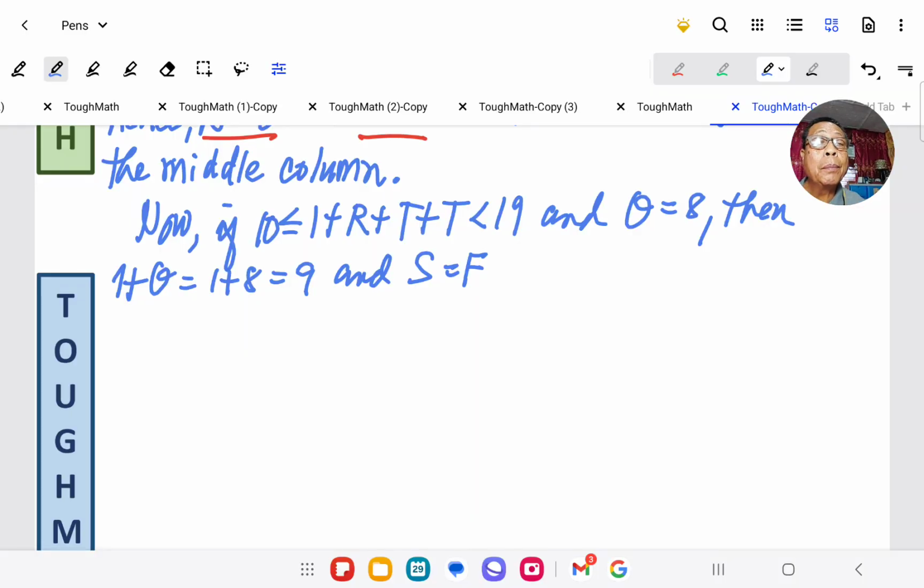So we draw here this symbol to mean there's a violation or a contradiction.